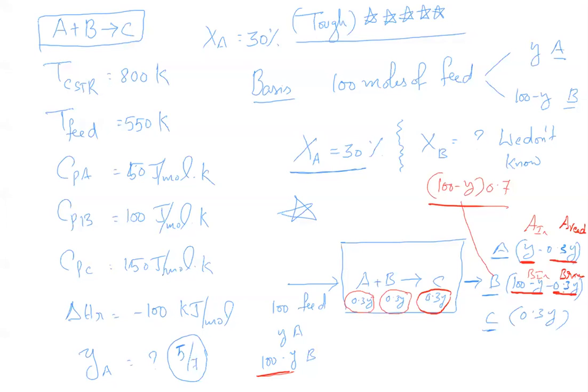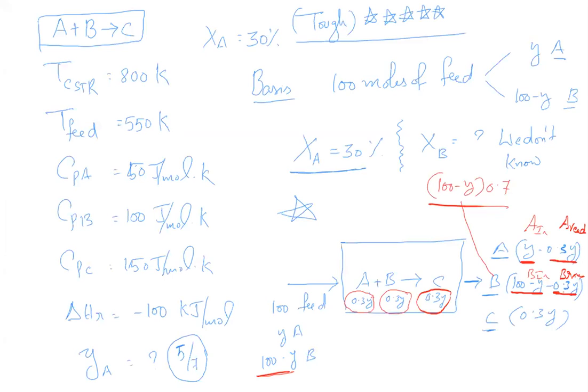Everybody done till now? Is everybody clear till now? Why are we taking 0.3 Y? Because 30% of A is converted.